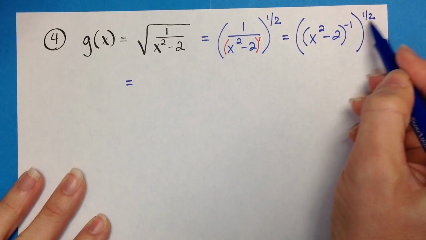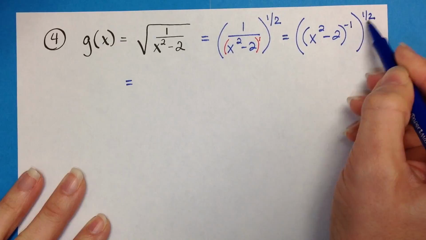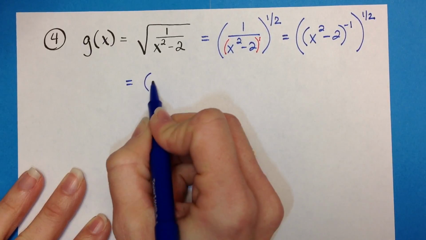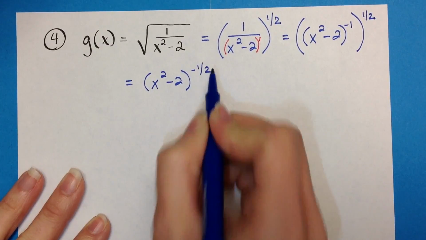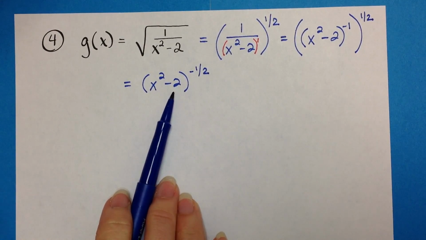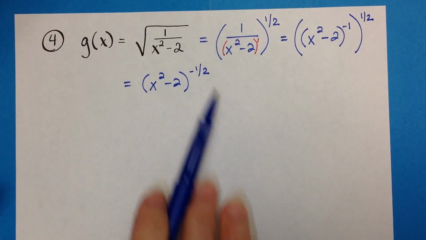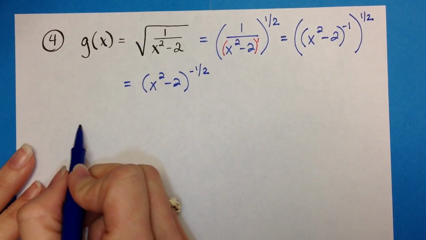Now you have a power to a power, so just applying your exponent rules, power to a power, you would multiply those. So I have x squared minus 2 to the -1/2. So I would use this to take my derivative, and by doing these steps you completely avoid, again, quotient rule.